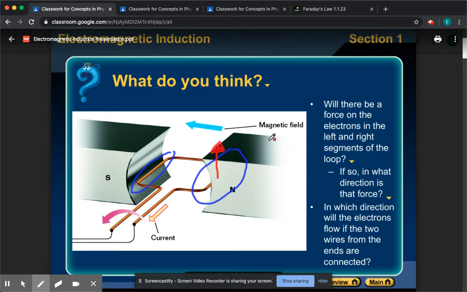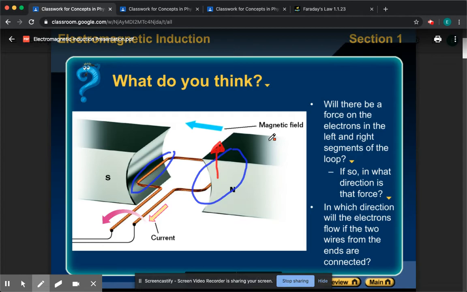So I want you to point your fingers, your middle finger, index, your ring, and your pinky, they should be pointing to your left, okay? And then point your thumb in the direction of the red arrow, which is straight up. So your fingers should be pointing to your left and your thumb should be pointing straight up. The back of your hand should be facing your screen right now, okay?